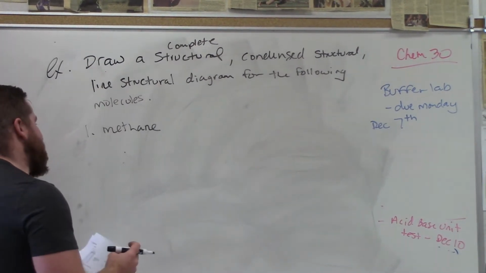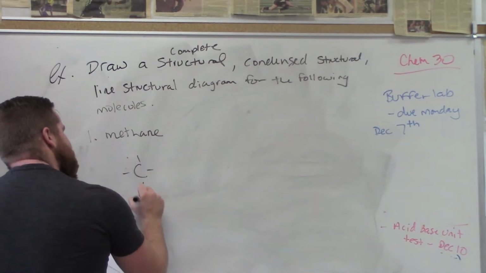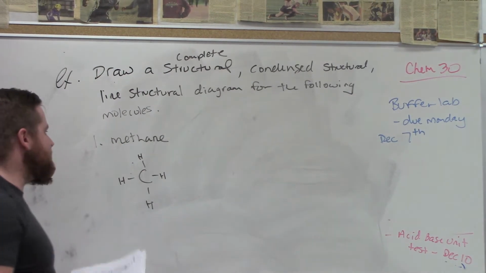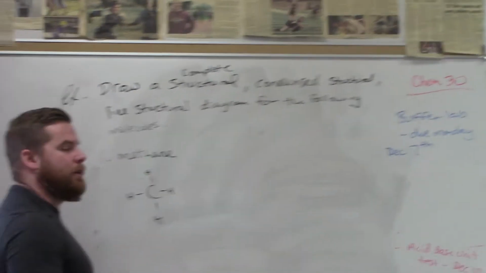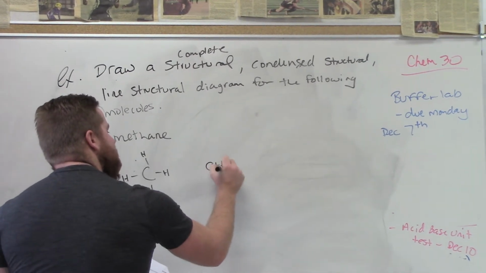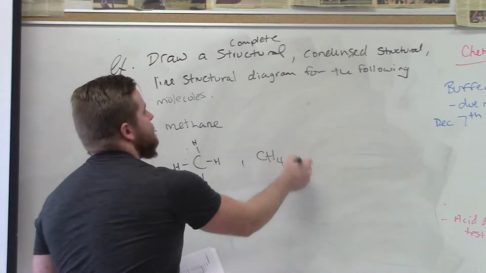Methane is CH4. It has 1 carbon and 4 hydrogens. That's about as simple as it gets, right? So that's your complete structural. A condensed structural diagram for this one actually looks like this. There's no double bonds, right? Because there's only 1 carbon.